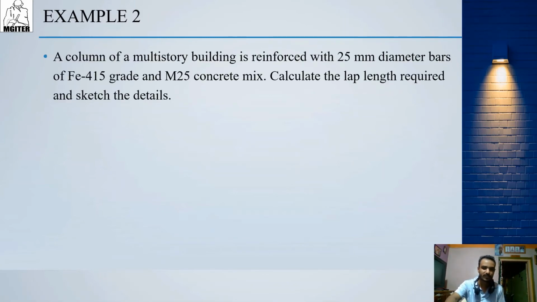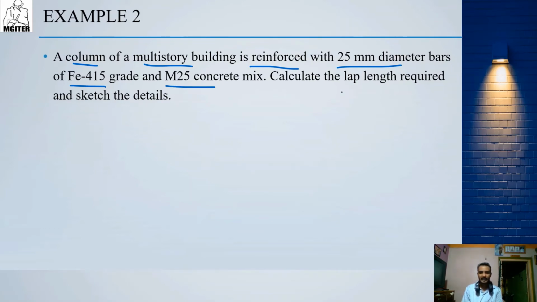The first example is completed, so we start a second example here. In the second example, we have a column of a multi-story building reinforced with 25 mm diameter bars of Fe415 grade and M25 concrete mix.